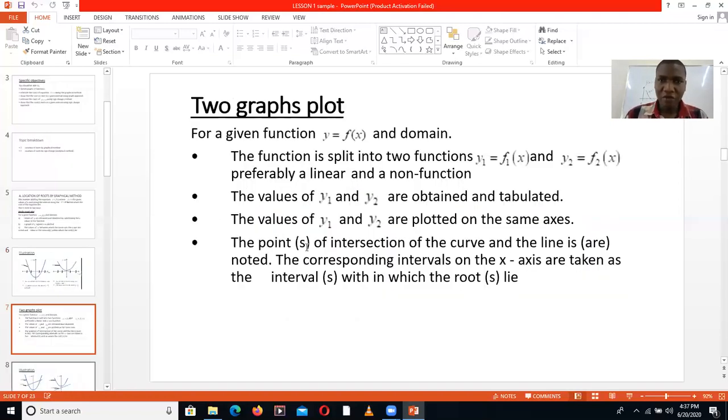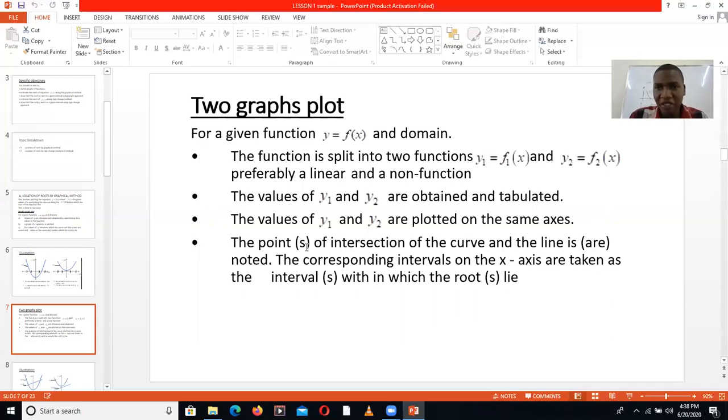What if you're using 2 graphs? How does a 2 graphs plot work? So you'll be given a single function, or you may be given 2 functions. If they give you a single function and they want you to use 2 graphs, then you must know how to split. So if they give you 1 function, you split it up into 2 functions, y1 and y2. You do it in such a way that one of the functions is a linear function and another is a curve.